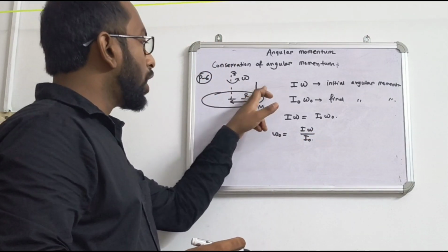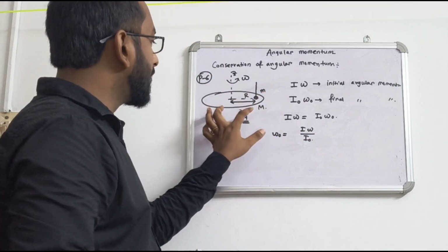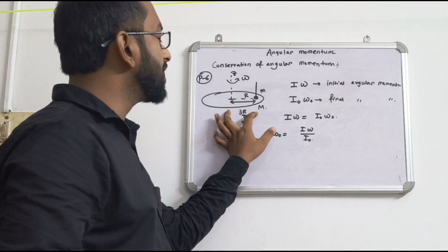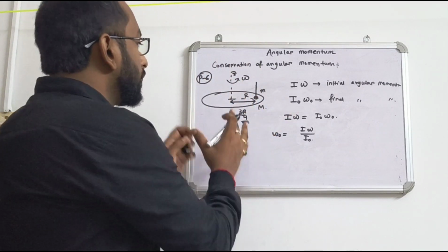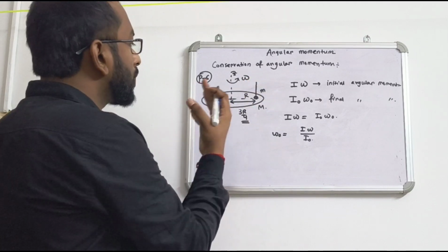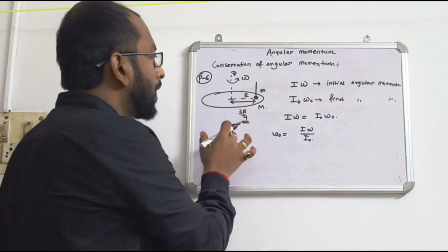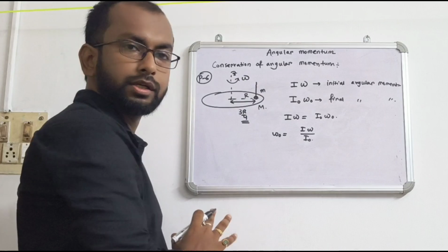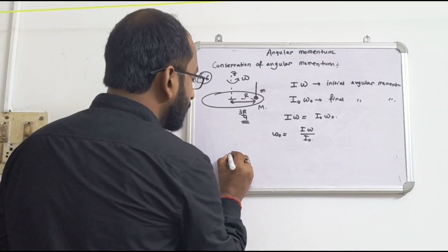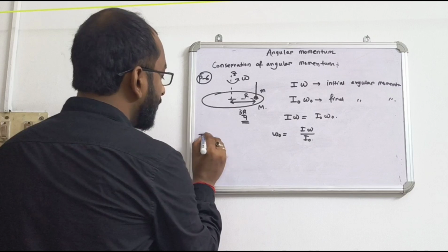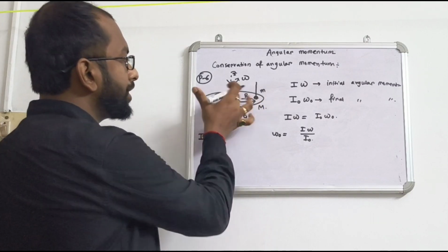Due to the insect of mass small m sitting at distance 3r by 4, it will change the moment of inertia of this rotating body. Now the system will constitute not only the disk, but it will also include the insect. Now what is the new moment of inertia? Before that we will find out the initial moment of inertia, when only the disk was rotating.